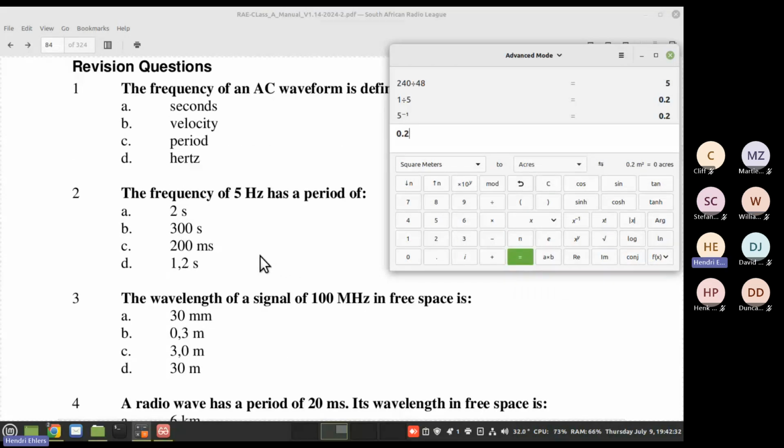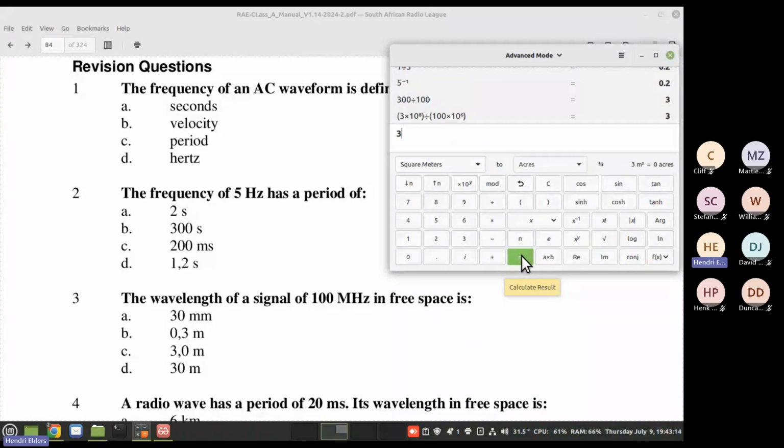The wavelength of a signal of 100 megahertz in free space is, now remember I told you 300 divided by 100 equals 3. We can also say 3 times 10 to the 8, let's just do that, otherwise we're not going to have a nice answer, divided by 100 times 10 to the 6, and we get 3 once again.